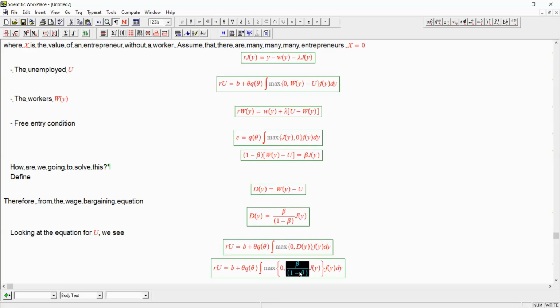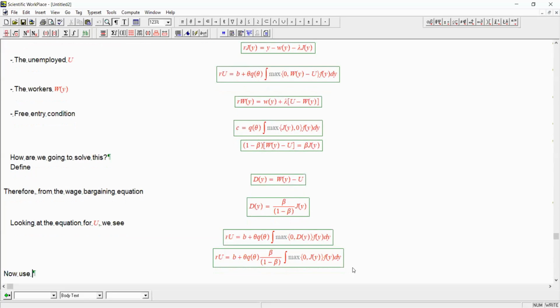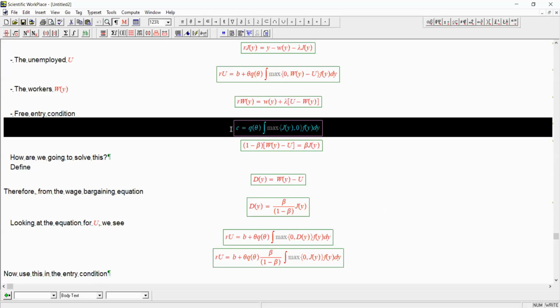Where we can take this outside because, of course, that times that is what we had before, and that times this is just 0. Now, also use this in the entry condition, which is here.